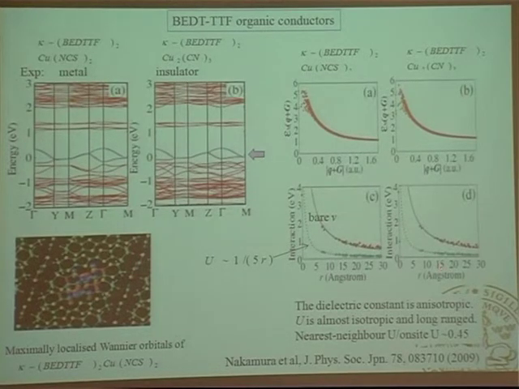So as I said before, these bands are completely isolated from the rest of the subspace, and so the U should decay like 1 upon R, because we have removed metallic screening, and indeed this is the case.